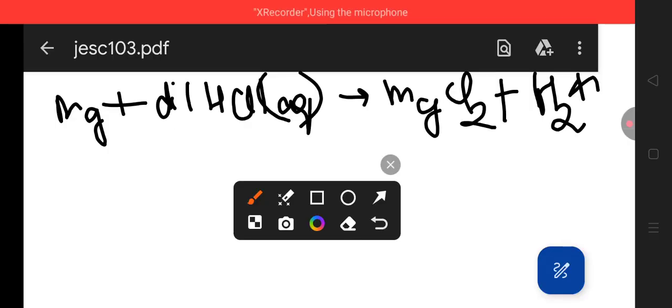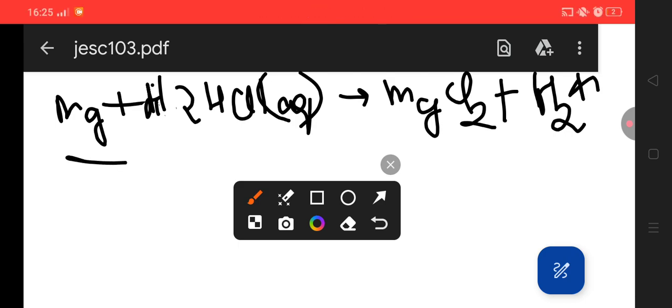Here I am putting 2 also, with 2HCl. So this is the final equation.